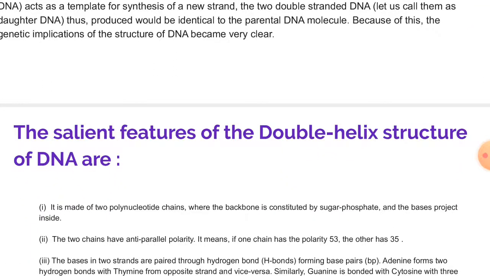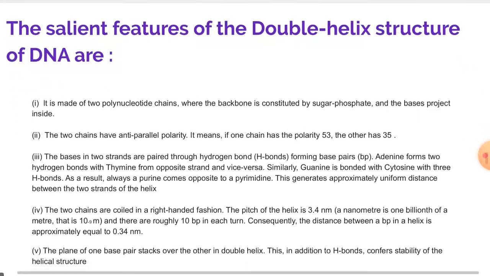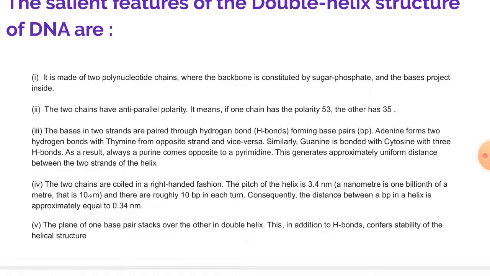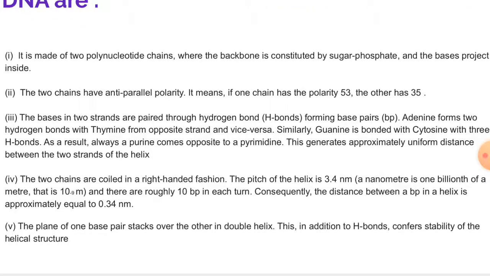Now, what are the salient features of the double helix structure of DNA? It is made of two polynucleotide chains where the backbone is constituted by sugar phosphate and the bases project inside. The two chains have antiparallel polarity. It means if one chain has the polarity 5 to 3 end, the other has 3 to 5 end. The bases in the two strands are paired through hydrogen bonds forming base pairs.